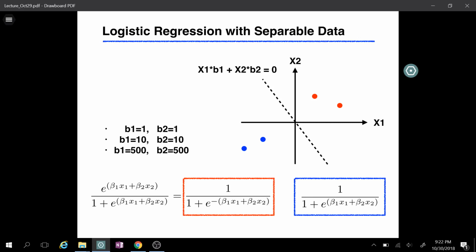And so if we really want to maximize the likelihood, eventually we can push the likelihoods in the red box and blue box to be close to 1 by setting beta 1, beta 2 to be very, very large, of huge magnitude. So if you run this data in R, you're going to get a warning message telling you the algorithm does not converge, because the coefficients keep getting larger and larger and there's no ending.